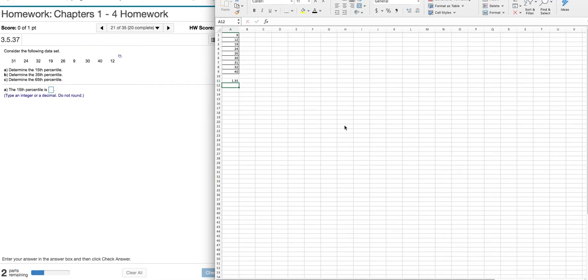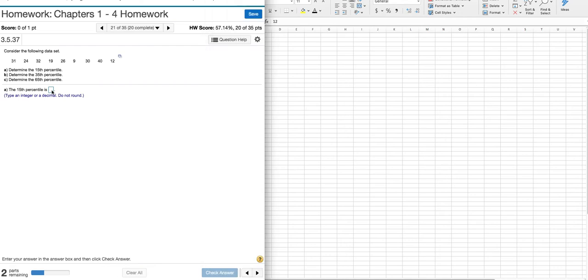Okay, so the value that we get is 1.35, and we need to round that up to the next integer, which would obviously be 2. So that represents the second observation of the data set, which in this case is 12. So the 15th percentile value in the data set is the number 12.